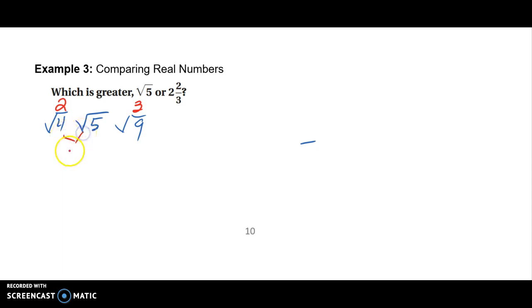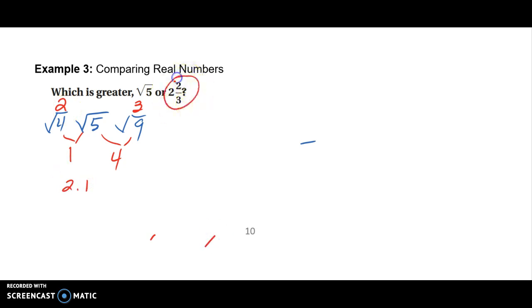And if I calculate my distance, it's only 1 unit away from 4, and 4 units away from 9. So I can easily see that the square root of 5 is really close to the number 2 on the number line. In fact, it's just a little above that, so maybe like 2.1 or 2.2.